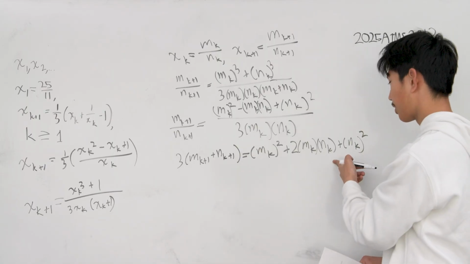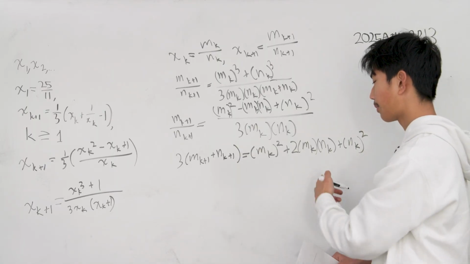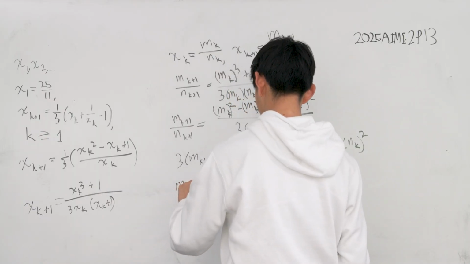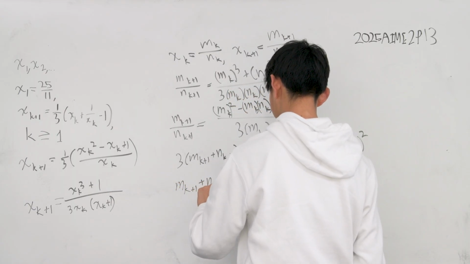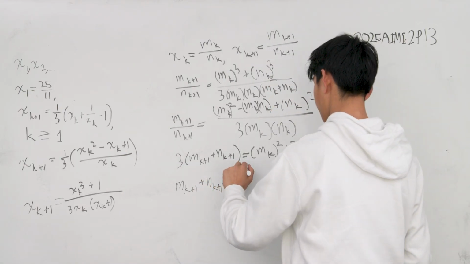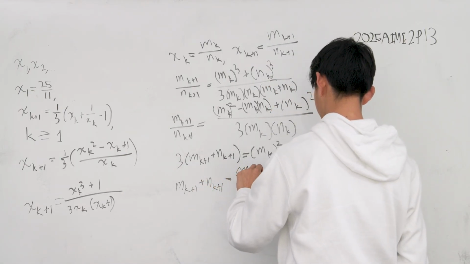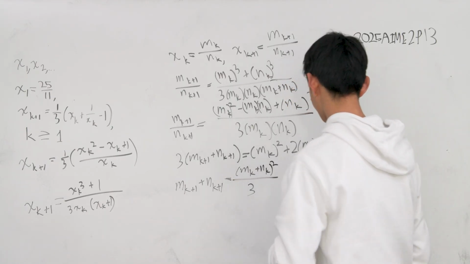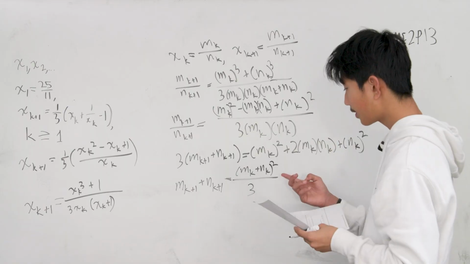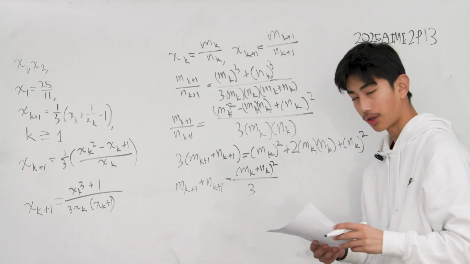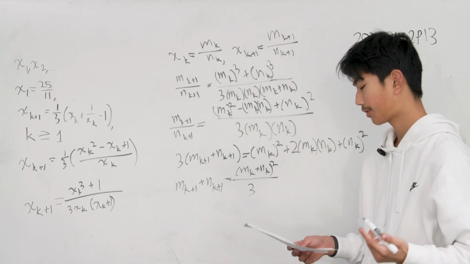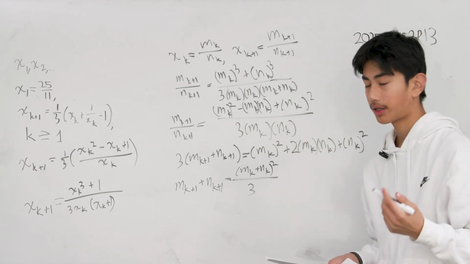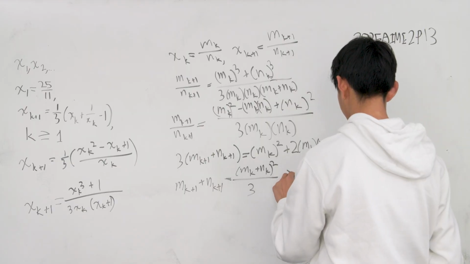So we see this is a square, and we can divide by 3 to get that m sub k plus 1 plus n sub k plus 1 is equal to (m sub k plus n sub k) squared all over 3. Now this is simply what we get. So all we have to do is list out the terms and then take mod 1000. After doing that, you will obtain our answer of 248.